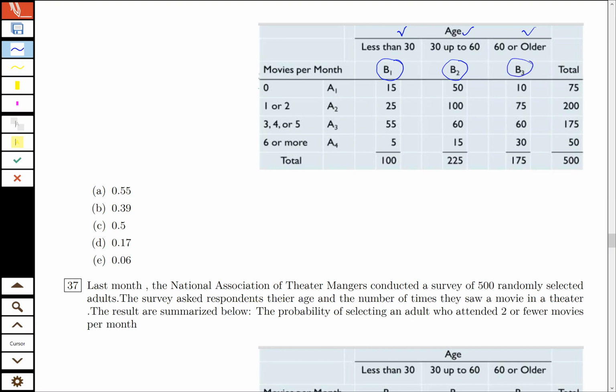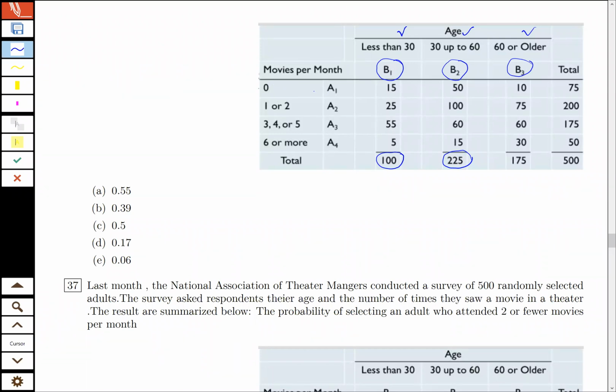So how many of them said 30 or less? We have here 15 plus 25 plus 55 plus 5. 100 of them said it's less than 30. And because they were asked two questions, not one, the second question is, how many movies have they watched last month?